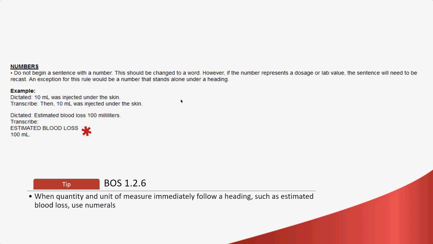If you have a number starting the sentence, then ideally you want to try to recast. Now, if it's a dose or lab value, actually you're required to recast, but I would just recommend to you, if it's any sort of a measurement, if it's an age or vital sign or something like that, I highly recommend that if you're able to find a way to recast that doesn't go against verbatim, so you're making a very minimal change to recast it, I would recommend that.